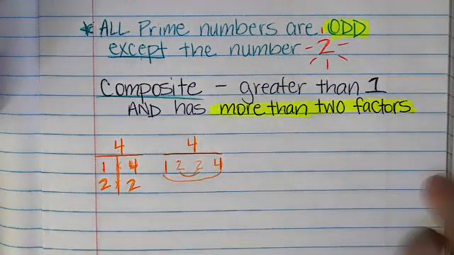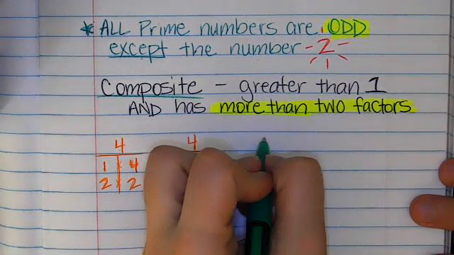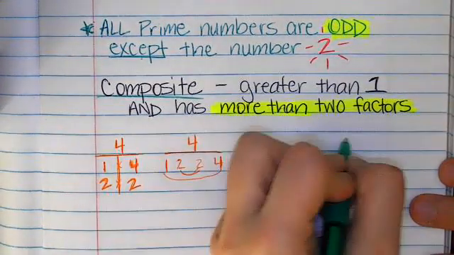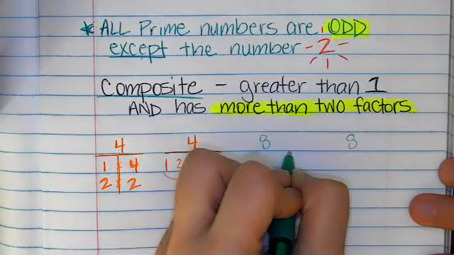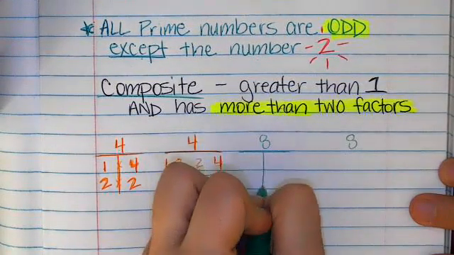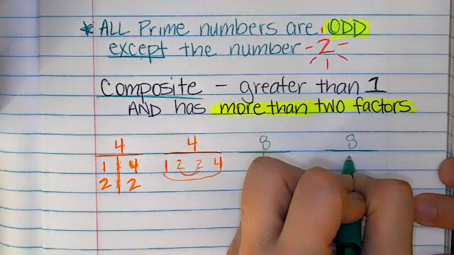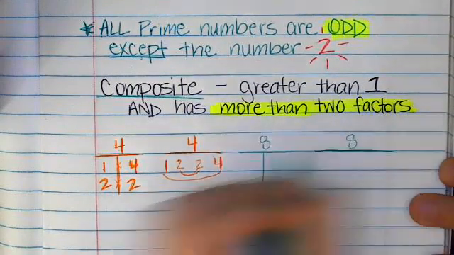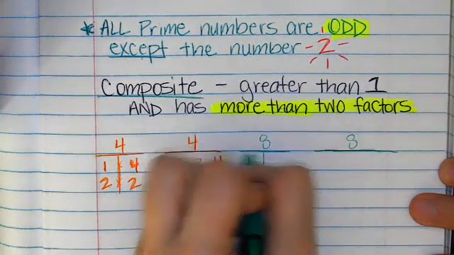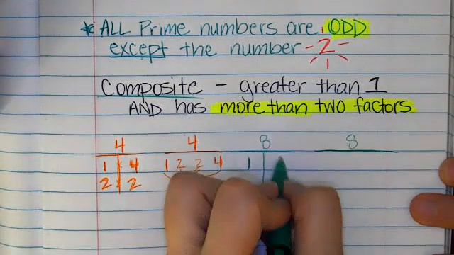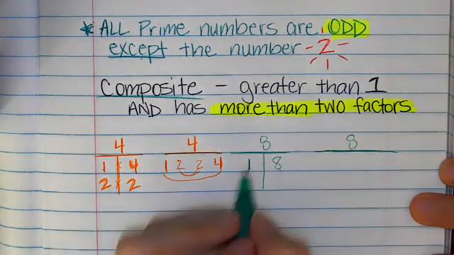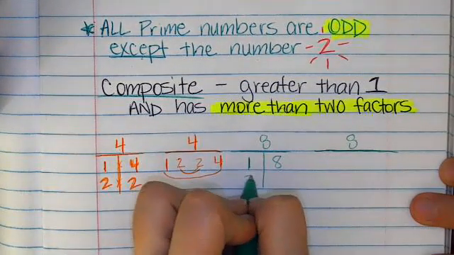The next composite number I want to talk about is 8. So I'm going to represent 8 in 2 ways as well. So when I'm looking at 8, I know that I always start with the factor 1, and 1 times 8 will equal 8. Now I'm going to go on to the next factor, which is 2.